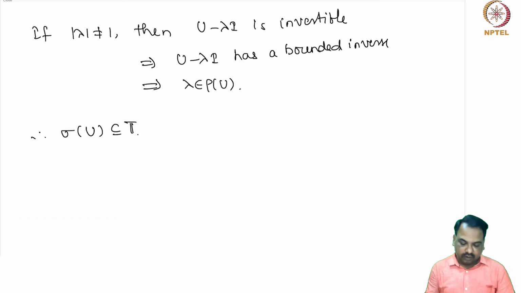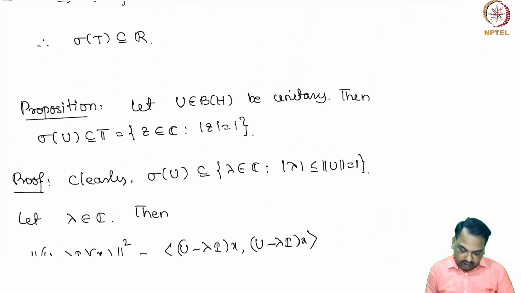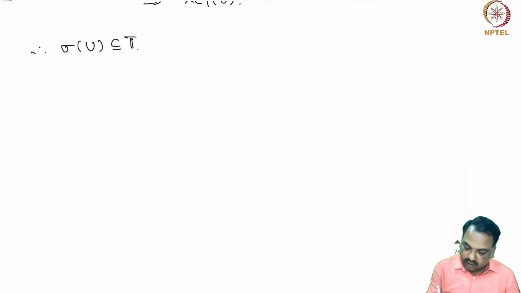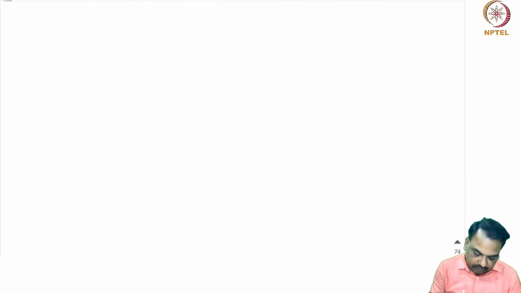So for a normal operator, the spectrum is contained in the unit circle, but sometimes it may be possible that the spectrum is the full unit circle. So let us see one example.